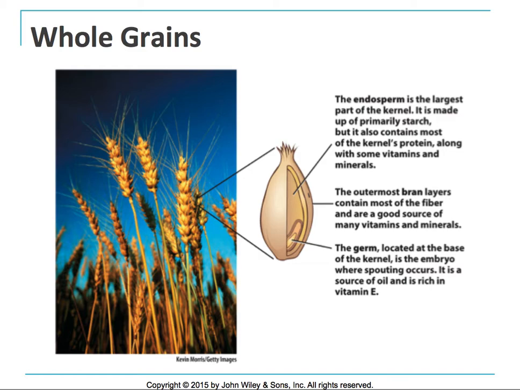The germ is located at the base of the kernel, and it's the embryo where sprouting would occur if that grain were planted. It's a great source of oil and is rich in vitamin E. So during the refining process, this whole grain would be taken, broken down through processing, and the bran and the germ would be discarded, leaving only the endosperm, that starchy inner layer, and that is what would be left from the whole grain after the refining process.